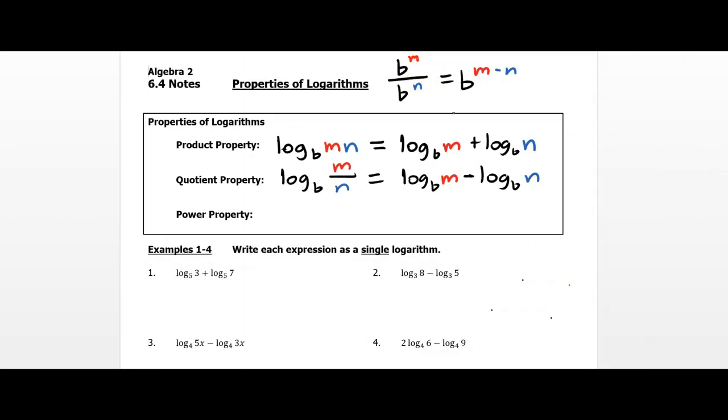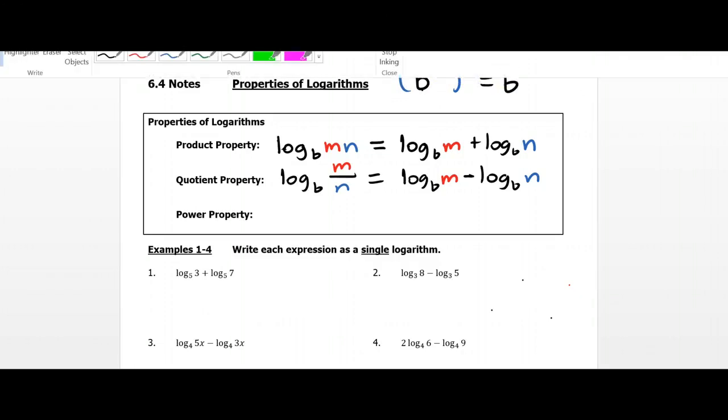Last property I want to talk about is your power property, and this property actually stems from your power property with exponents. So lastly, if we have b to the m power and we want to take that to the n power, we know that the rule there says that I multiply the exponents. So that would be the same thing as b to the m times n power.